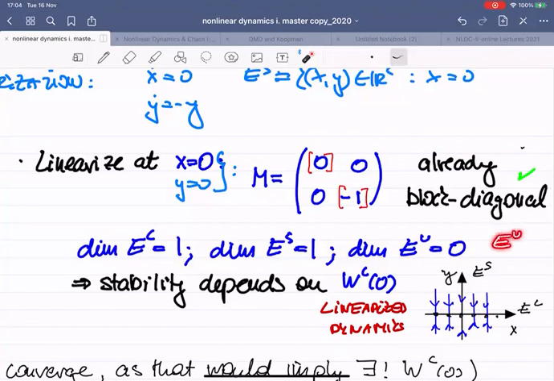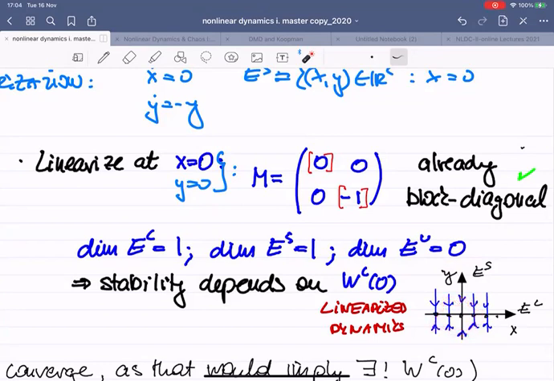The unstable subspace, therefore, is the empty set. That's why I wrote that the unstable subspace has 0 dimension. In fact, it's empty. And the stable subspace has dimension 1, it's this one. The center subspace also has dimension 1. So this is a non-hyperbolic fixed point, as you see.